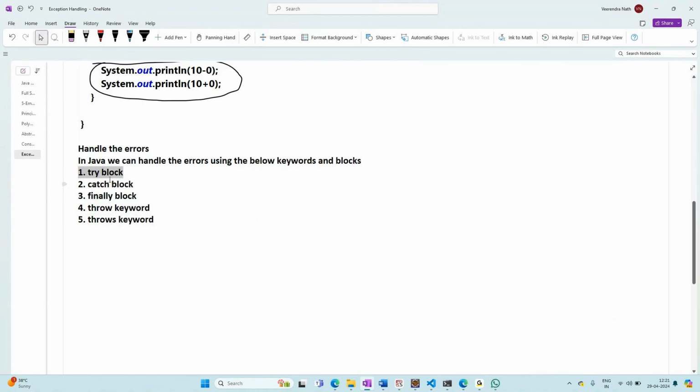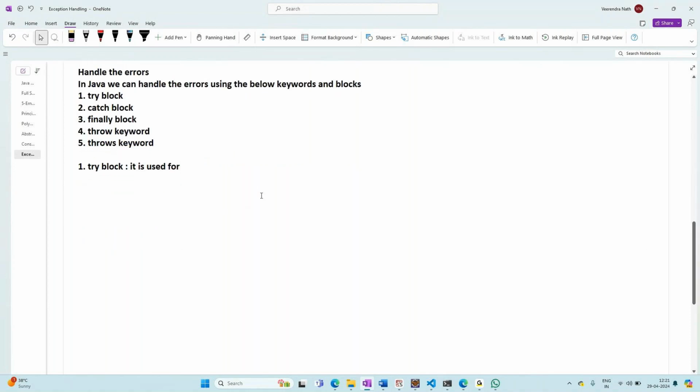So what does a try block do? Try block is used for developing a code that may contain the exceptions.